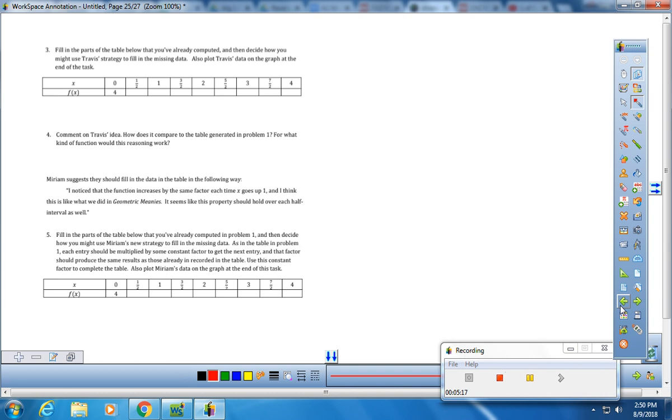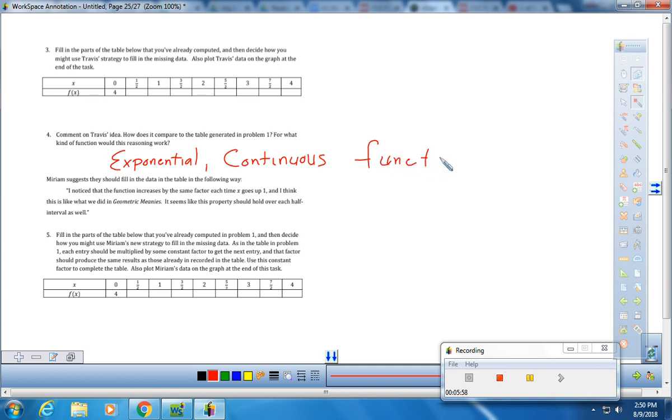I think this reasoning works for exponential continuous functions. I notice the function increases by the same factor each time x goes up by 1, and I think this is like the geometric mean. It seems like this property should hold over the half interval as well.